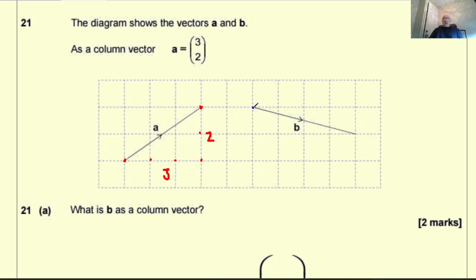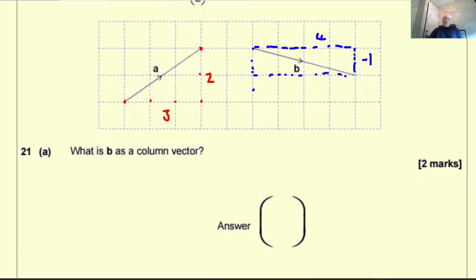If we look at the B, we're going this route. Now, if I go from left to right, I'm going 1, 2, 3, 4 squares along, and I'm going 1 down. So if I'm going down, it's negative. If I'm going up, it's positive. If I go to the right, it's positive. If I go to the left, it's negative. Exactly the same as a coordinate grid.